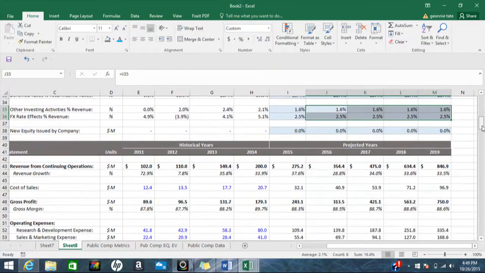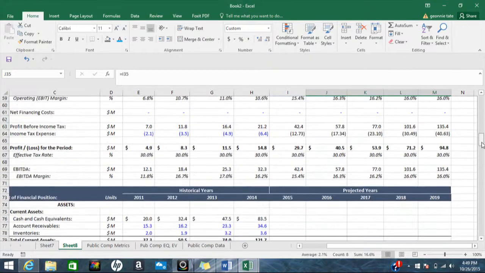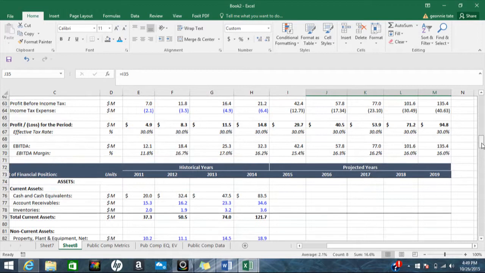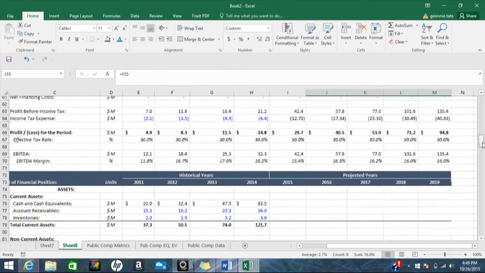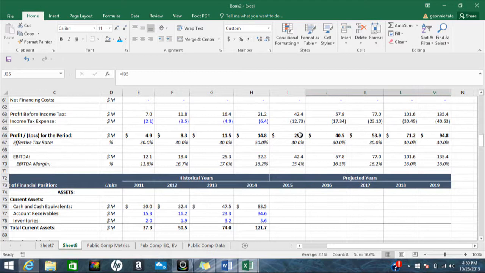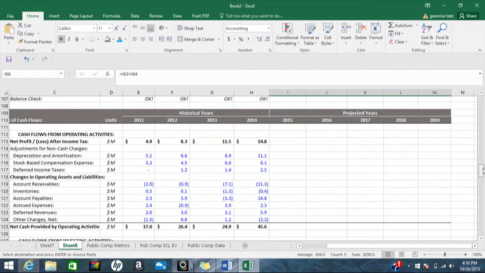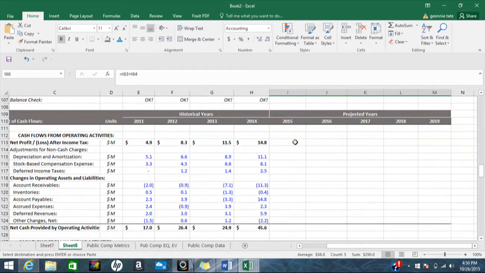All right, let's go to the balance sheet now. Before I go to the balance sheet, I'm going to go to my income statement, get my projected net income, and put it as the top line item for my cash flow statement here.